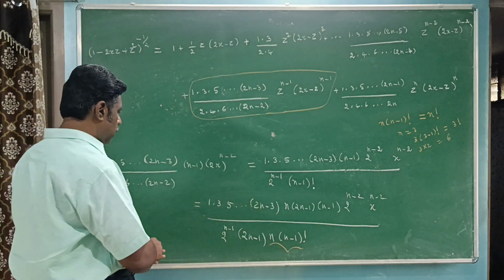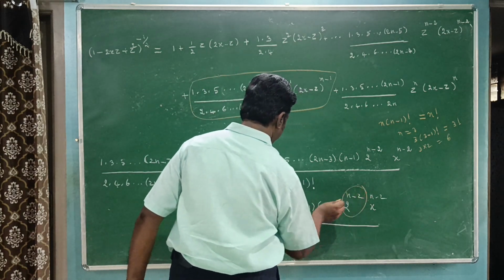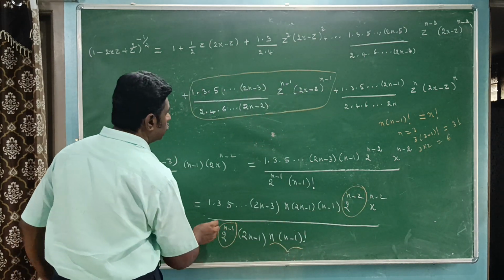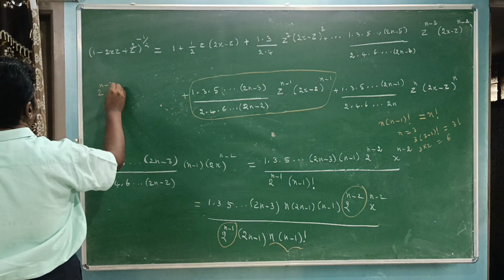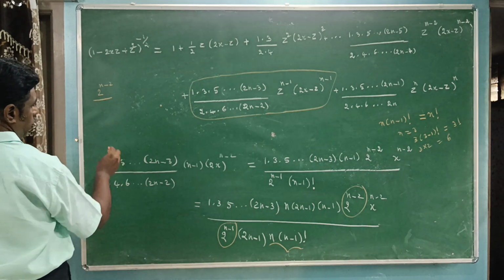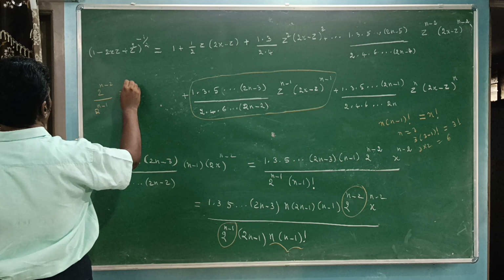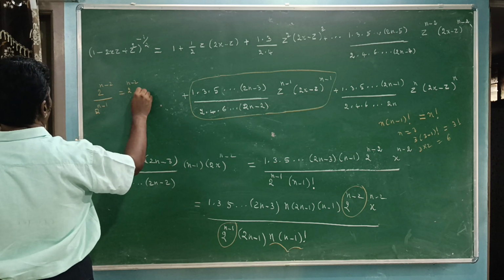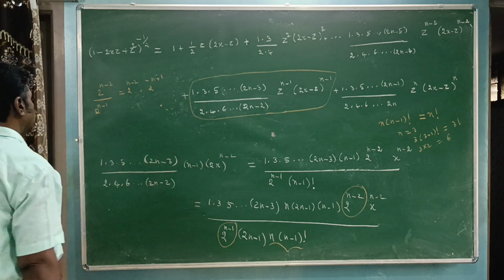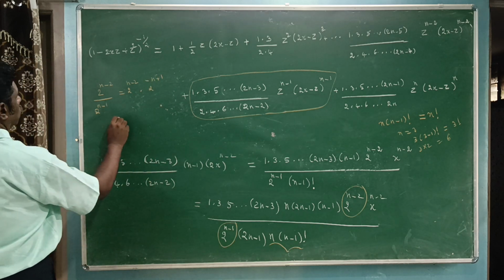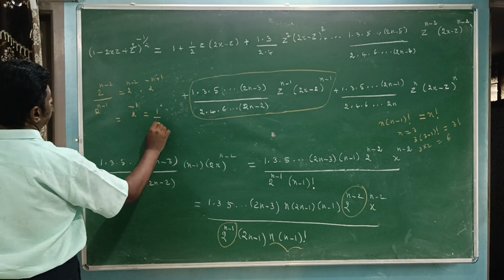Then think about these two terms. 2 power n minus 2 divided by 2 power n minus 1, which is equal to 2 power n minus 2 into 2 power minus n plus 1, which is equal to 2 power minus 1, which is equal to 1 by 2.